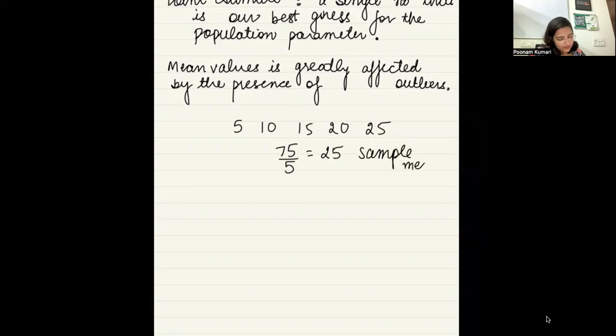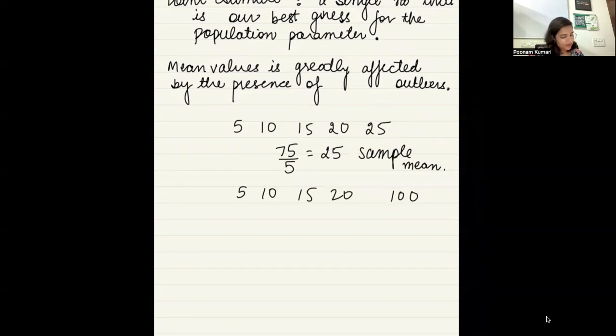But instead of this 25 value, I just replace it by 100, let's say, right? 5, 10, 15, 20, and 100. Now what is my sample mean?